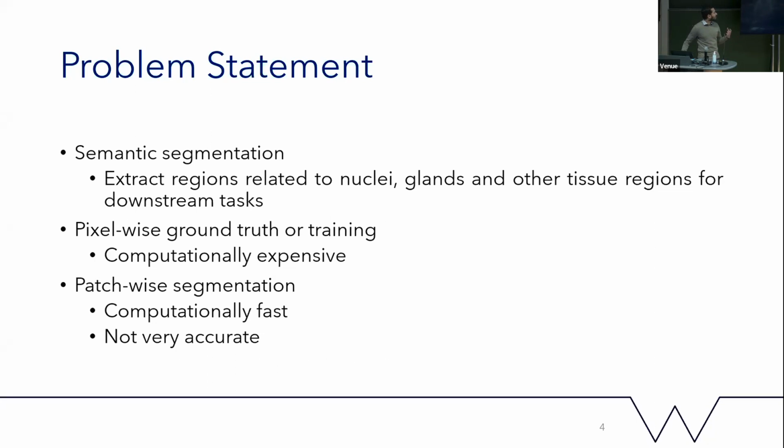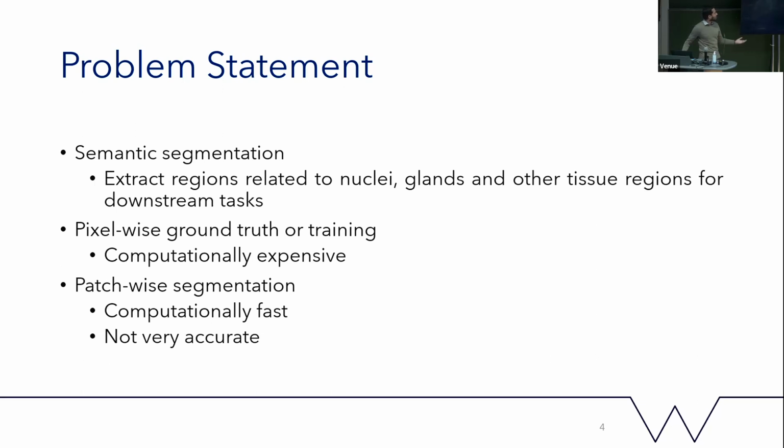And we have pixel-wise ground truth, which is very fine-grained. And it's very expensive because we need experts. Normally it takes around 4 to 5 hours to annotate a WSI exhaustively. Especially for nuclei, it can go beyond that because we have to mark nuclei boundaries very precisely. It is very computationally expensive in getting ground truth and training.